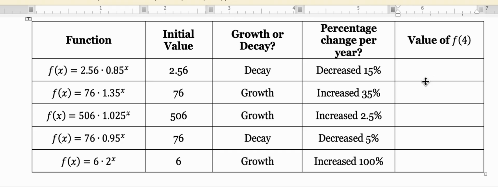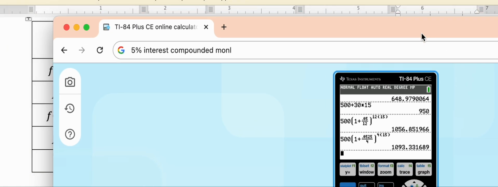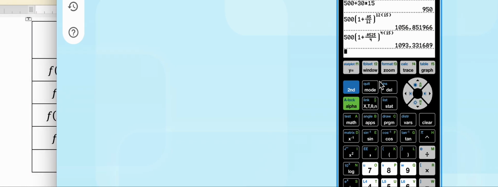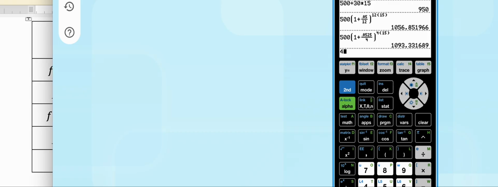Okay, now if it was 4, this is a pain in the butt to rewrite this all over again. You're going to put in the calculator. I'm actually going to do the store function, so I'm going to do 4, just because I'm going to be writing these equations out all for when x is 4, so 4 store x, enter.